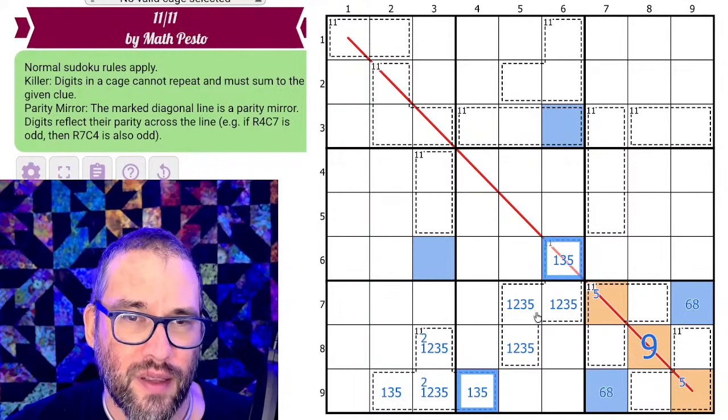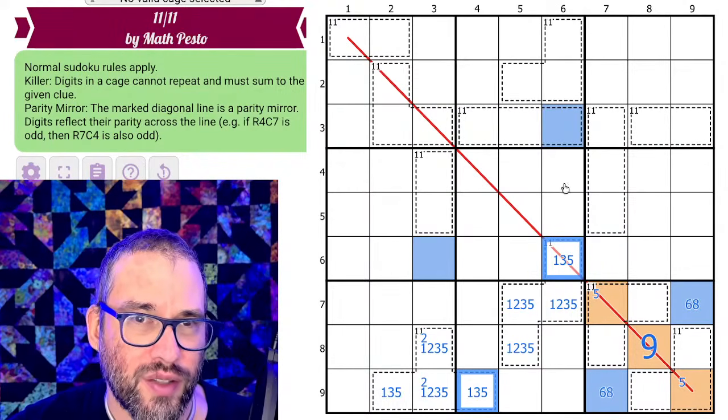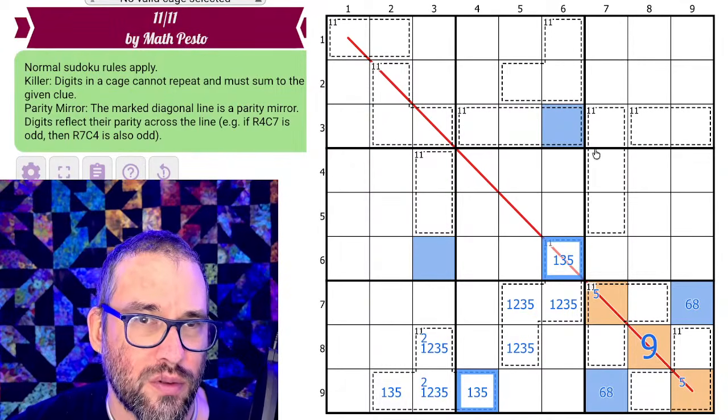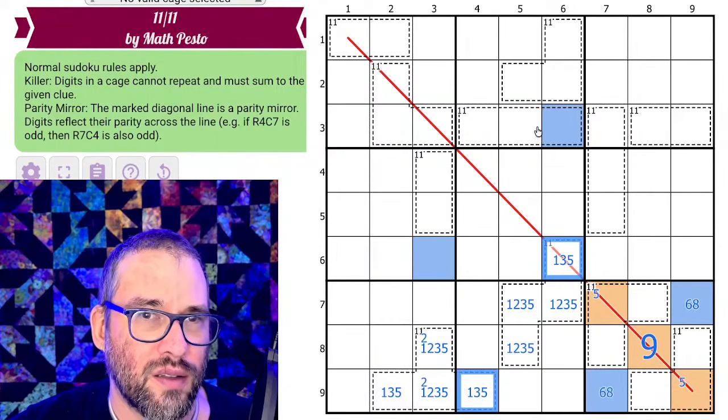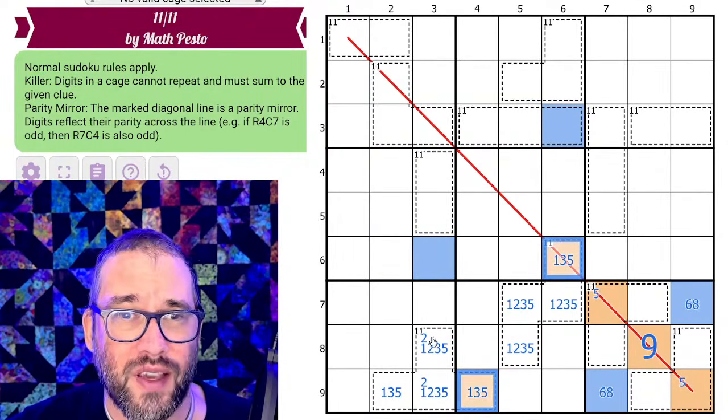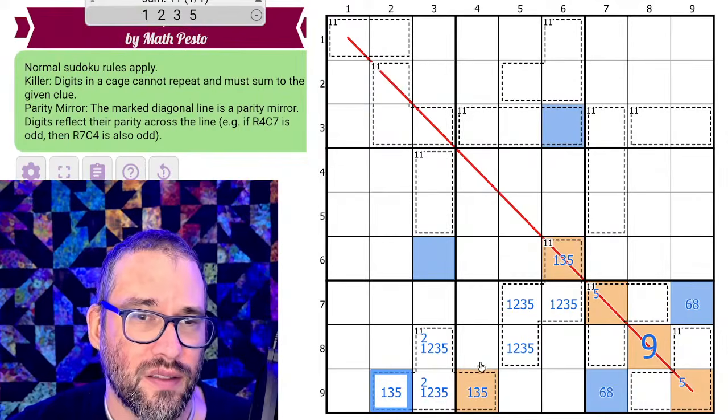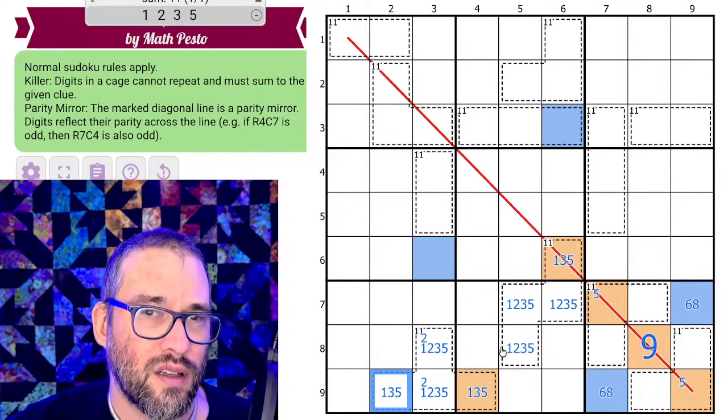Mehdi points out that these are the same digit and wants us to place that in box 2. Well, okay, so the first thing we can say is that these are odd. And that's odd.